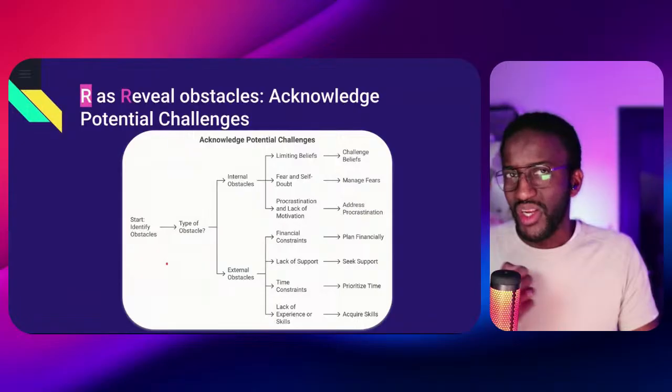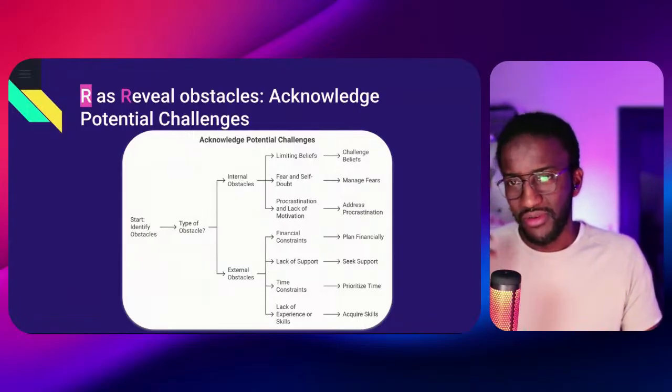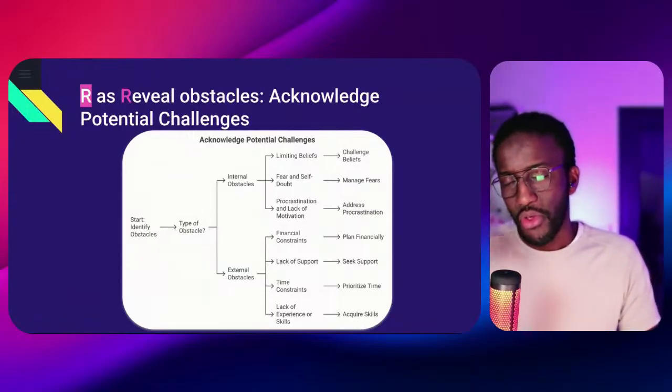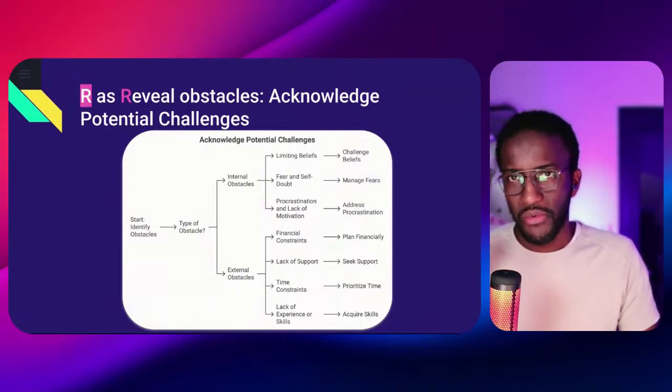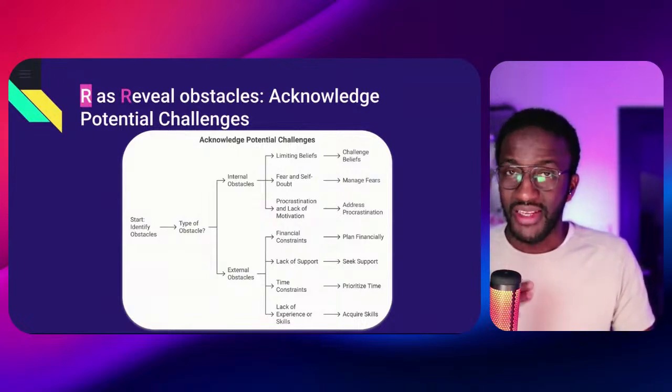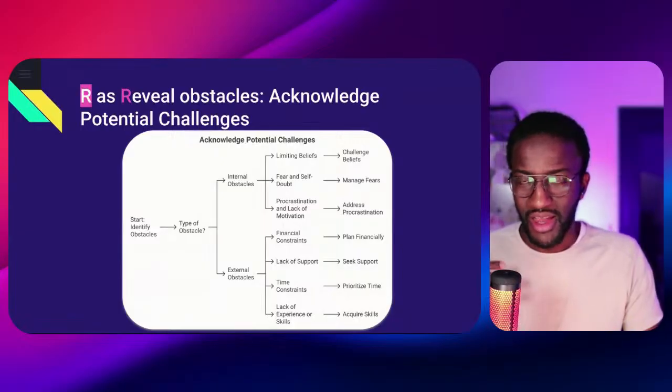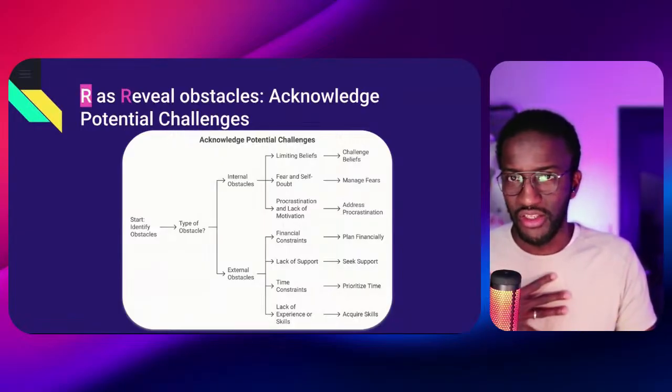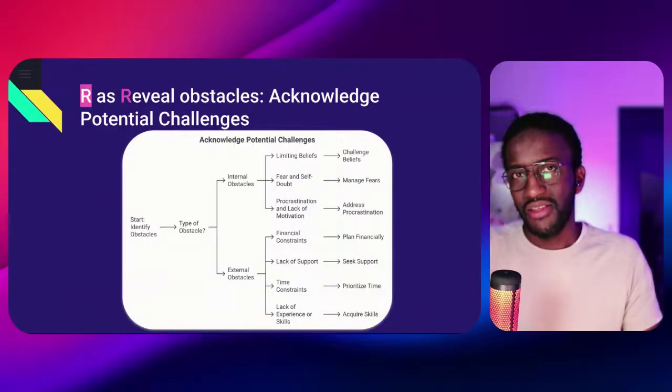So when identifying obstacles that you can face, in your self-reflection, you have two types of obstacles. You have internal obstacles, which are related to your internal struggles, your inner challenges, which are linked to your internal need or your unfulfilled need.